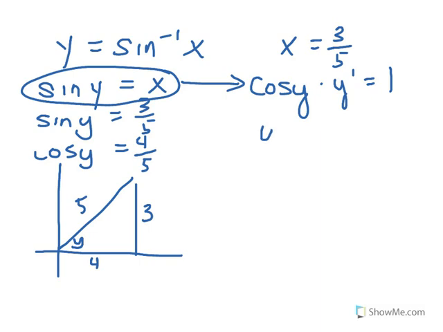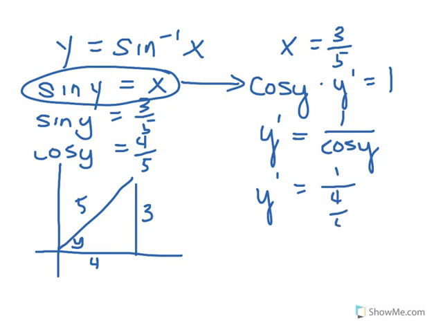And now if I take y prime and want to get it by itself, because remember that's the thing I wanted to find in the first place, I get 1 over cosine y. Well, I know what cosine y is. We just calculated it for this specific triangle a minute ago, and we found it was 4/5. Now we can plug that in and get 1 over 4/5.